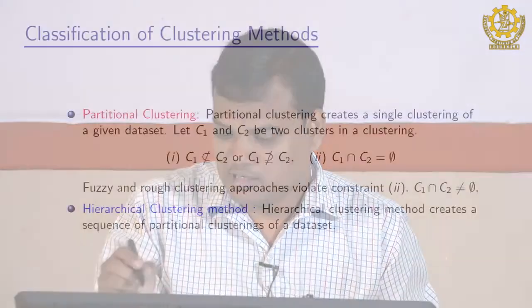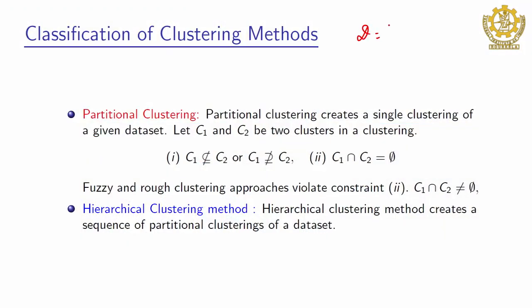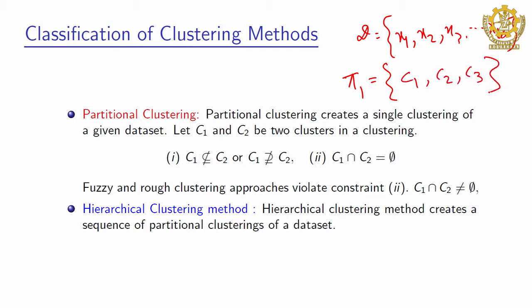So, let us say we have the data set, as I said, x 1, x 2, x 3 up to x 10, only 10 objects. Now, let us say you apply clustering technique X. I use the word clustering technique. Okay. Now, you get a partition. Let us say this is partition pi 1. So, this one clustering technique can give the results, say C 1, C 2, C 3. What is C 1? C 1 is a group of objects.